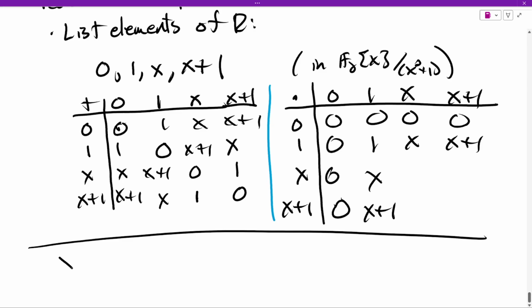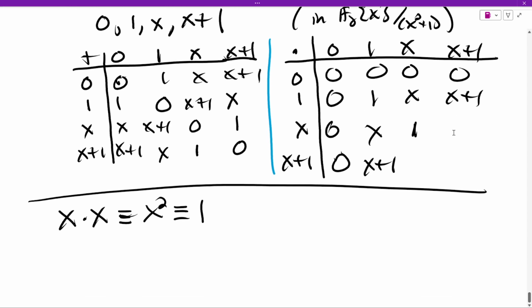So let's do some work. The first one in that remaining 2 by 2 square is x times x, which is x squared. I'm going to write a 3 equals just to indicate this is not happening in polynomials. And x squared is congruent to 1 we saw, so that's a 1. Weird, x has a multiplicative inverse. It's x itself. Interesting.